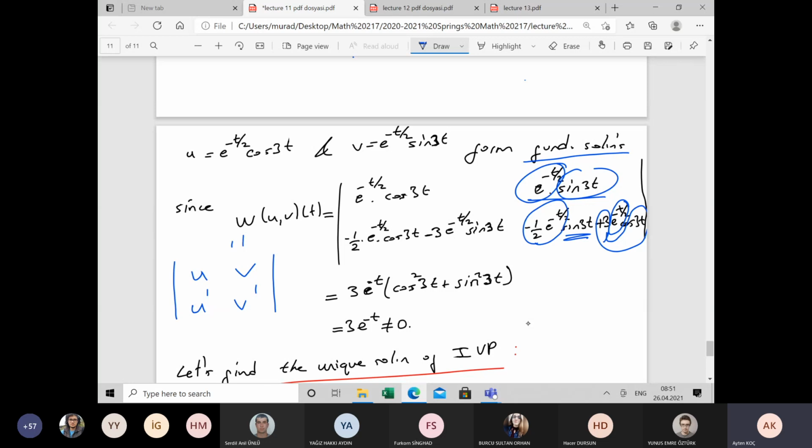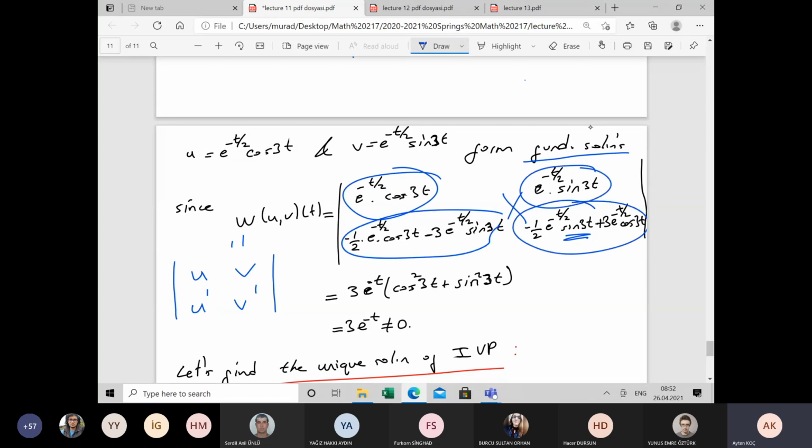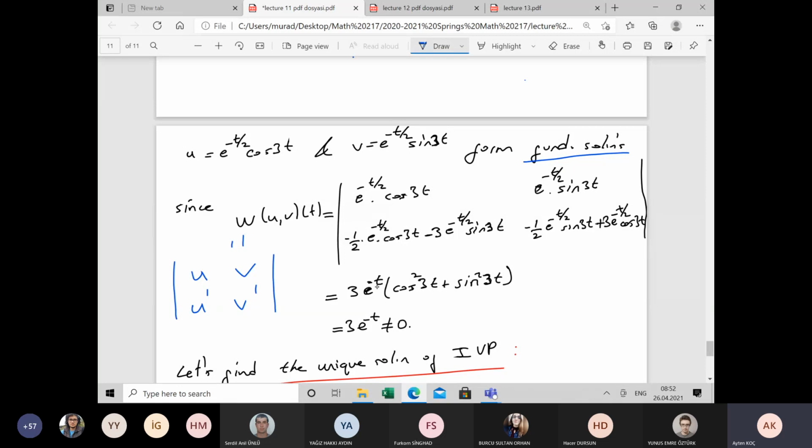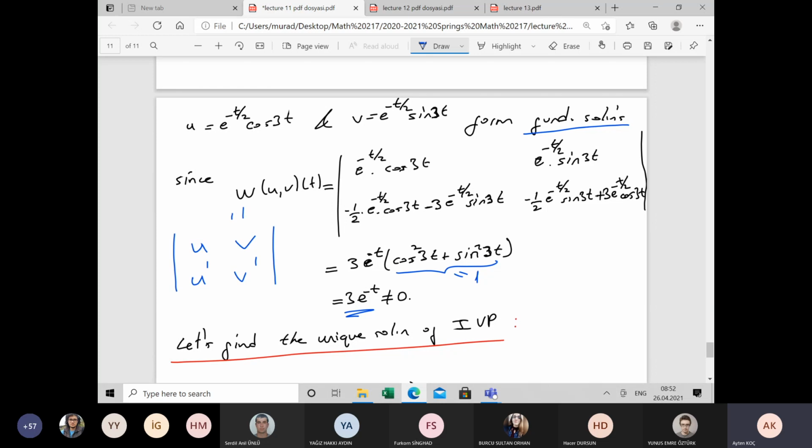This is a 2 by 2 determinant, so we multiply this one by this one, minus this product. So we obtain 3e to the minus t times this one, and we know this one is 1, so we obtain the result. This is always non-zero because it is an exponential function.